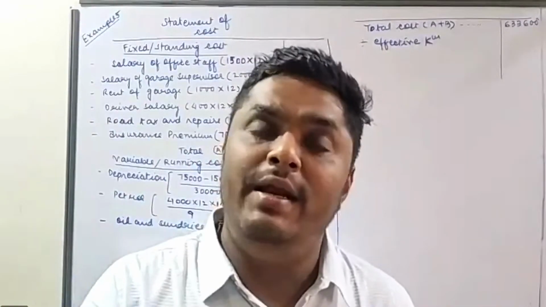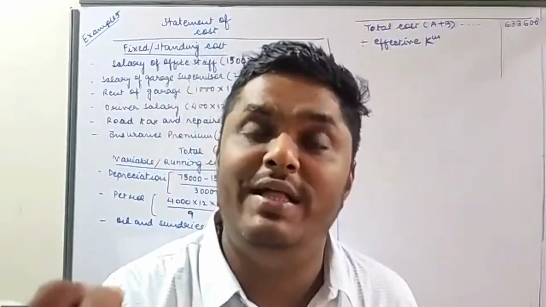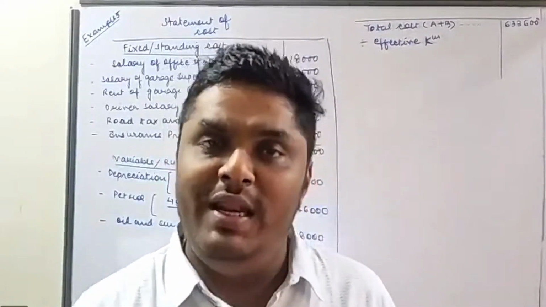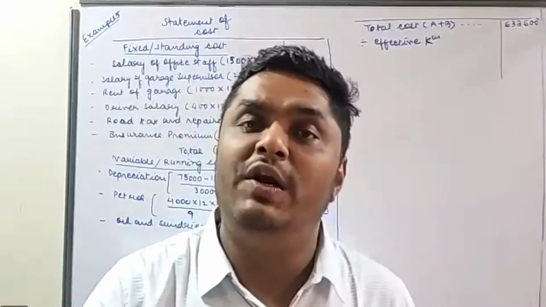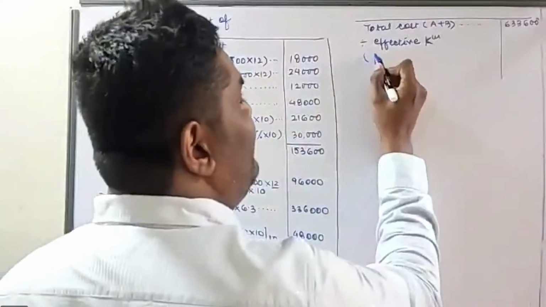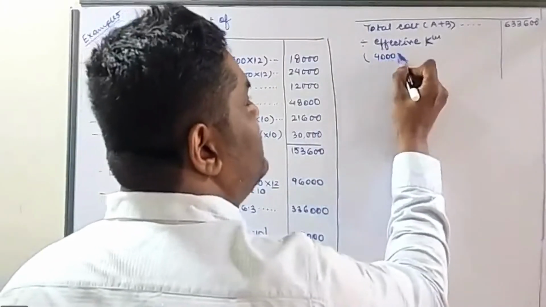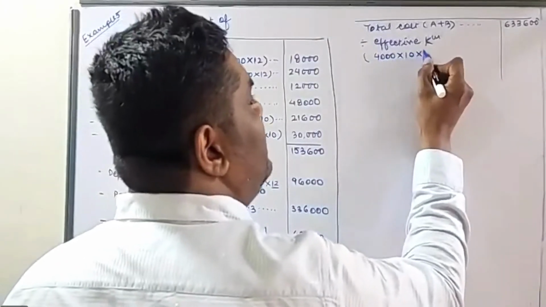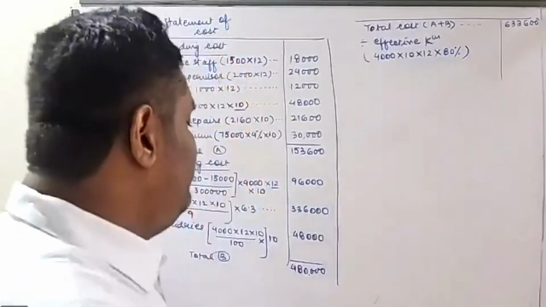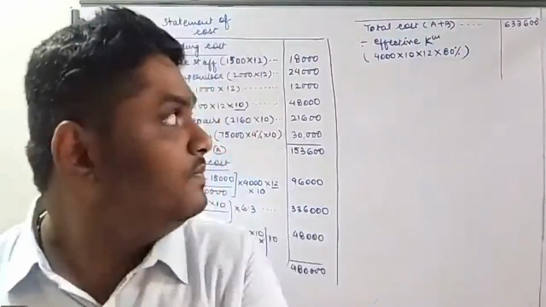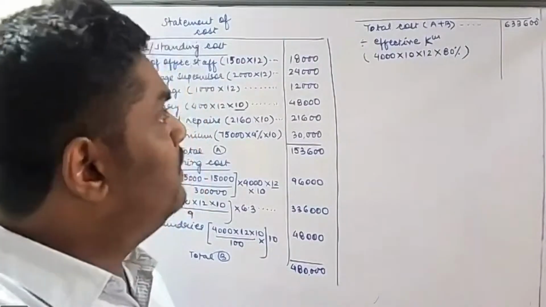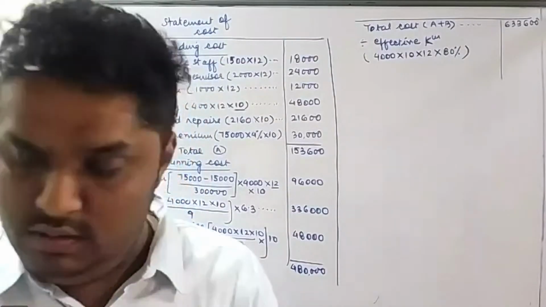And as I discussed in process costing also, the cost of the normal loss is absorbed by the balance units. So here the normal loss of this 20% kilometers will be borne by the remaining 80% kilometers. So when talking about the effective kilometers, 4,000 are the kilometers into the number of taxis, which are 10, into 12 months in a year, into 80%. So my effective kilometers will be how much? 4,000 into 10 into 12 into 80%.